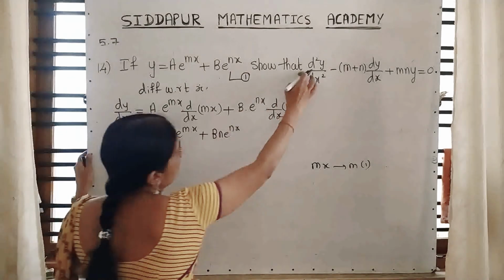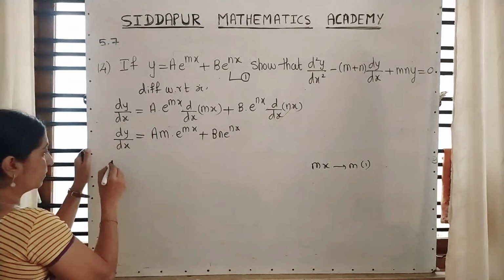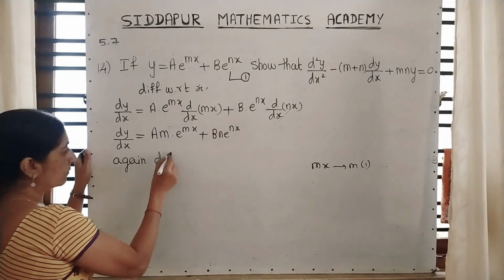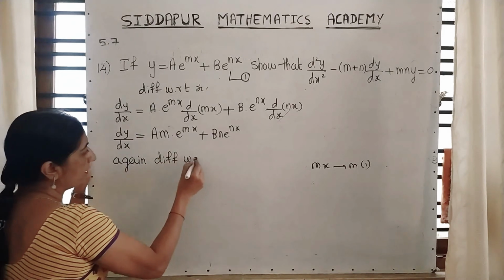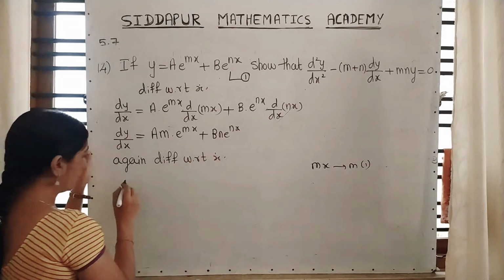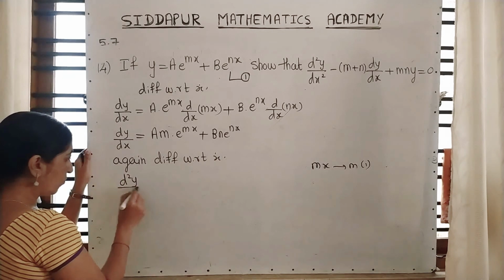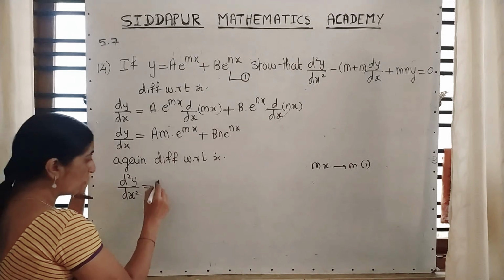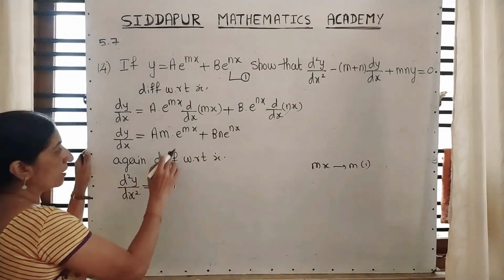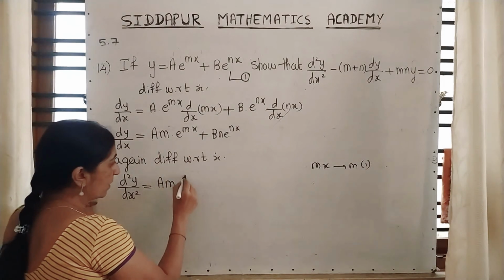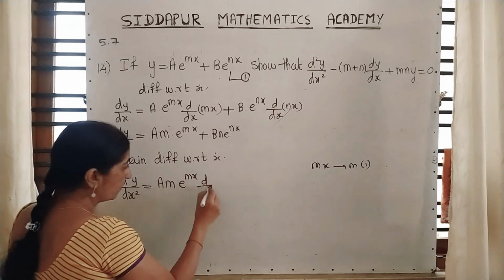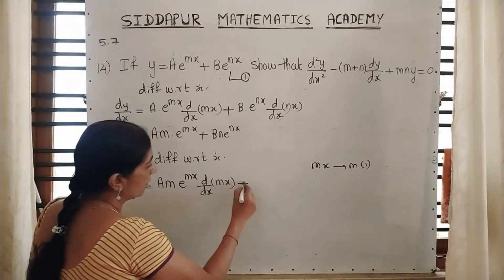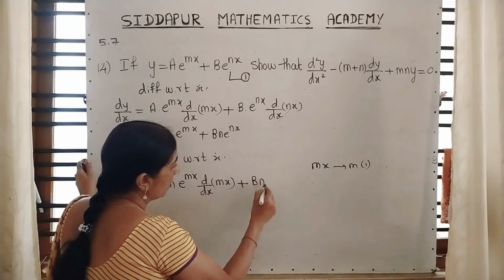We want d square y upon dx square. Again, differentiating with respect to x. d square y upon dx square is equal to am constant as it is. Differentiation of e raised to mx is e raised to mx into differentiation of mx, plus bn as it is.